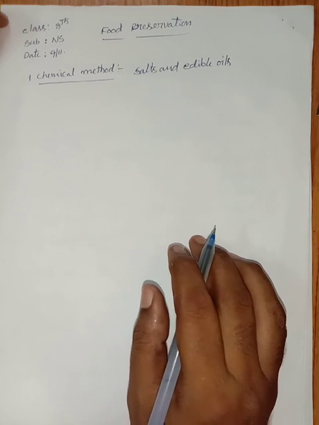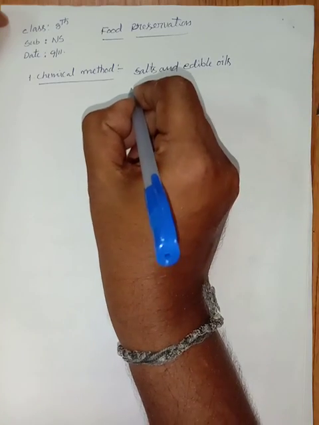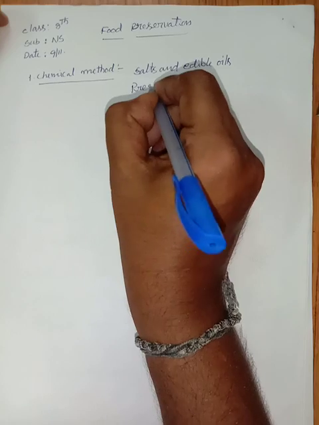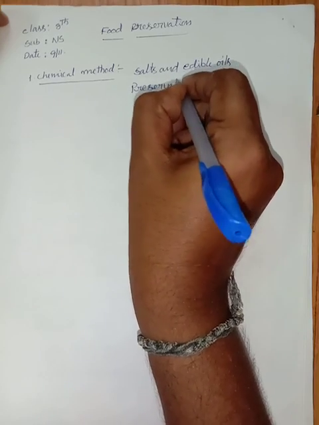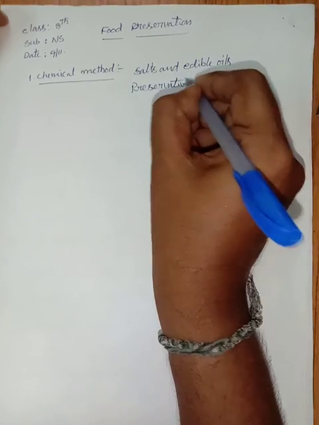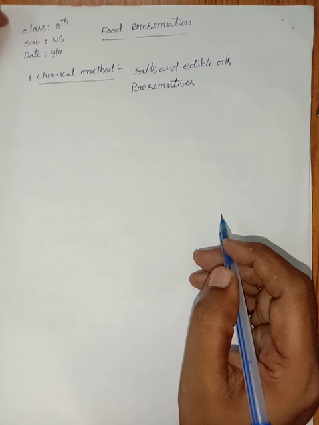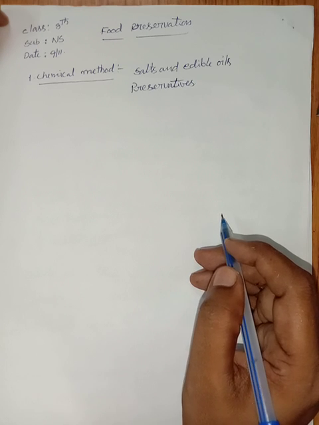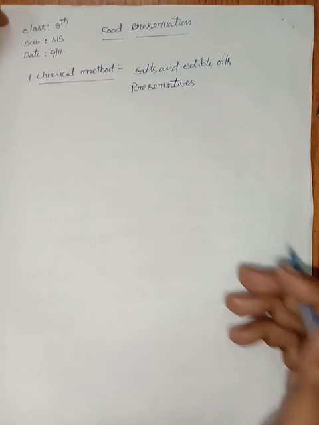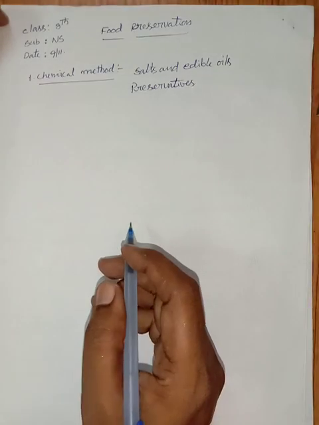So, salt and edible oils are called preservatives. We add salt and acid preservatives to pickles to prevent the attack of microorganisms.